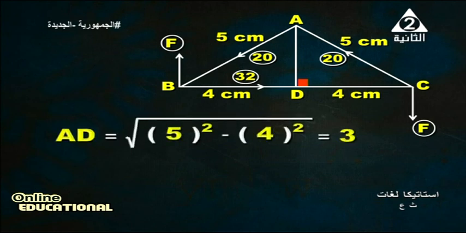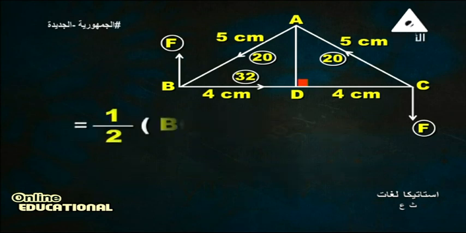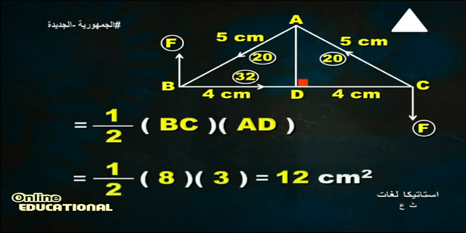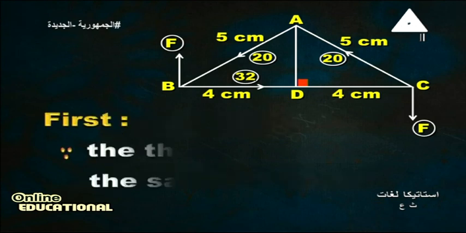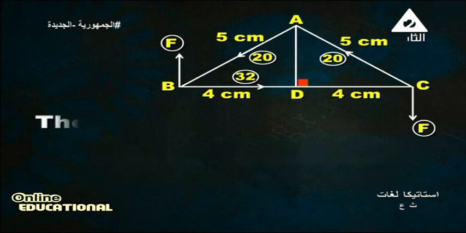AD equals 3. The area of the triangle is half base times height, half times BC times AD, equal to 12 square centimeters. The three forces are in the same cyclic order.